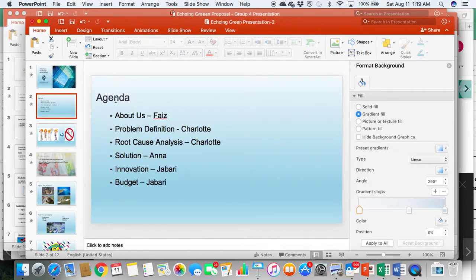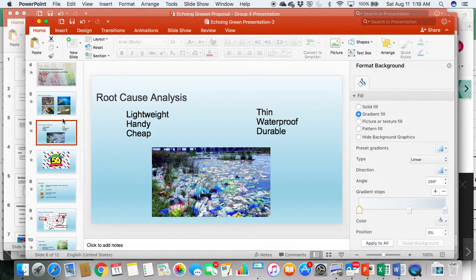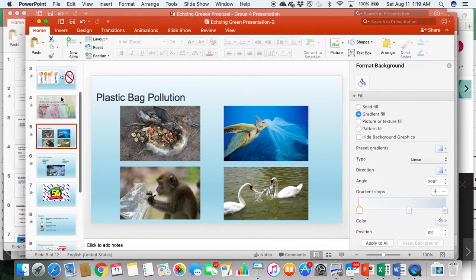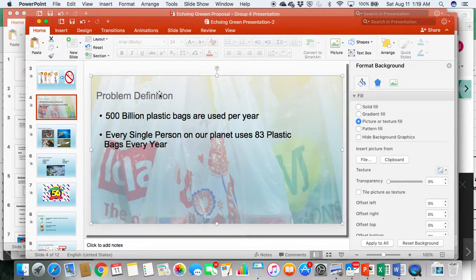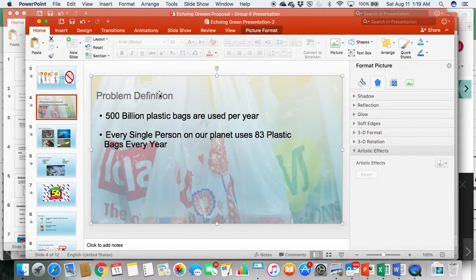So the word agenda, and all the other title slides, are basically in black. And here, I know whoever set this up wanted to put a background, but this title slide is gray, so it doesn't match.